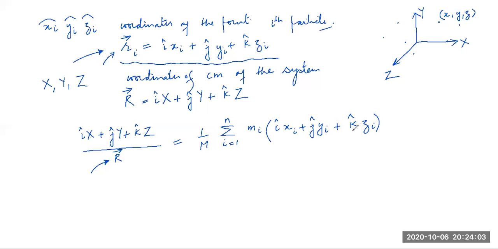Okay. Now, if you equate the x, y, z components of both sides, what is x? 1 by M will be associated with all. X will be 1 by M, summation i is equal to 1 to n, m i x i.